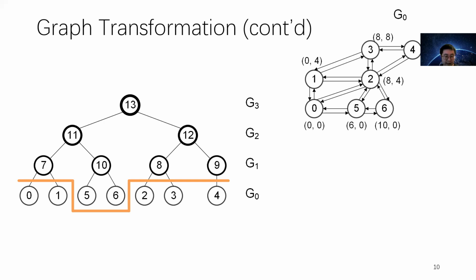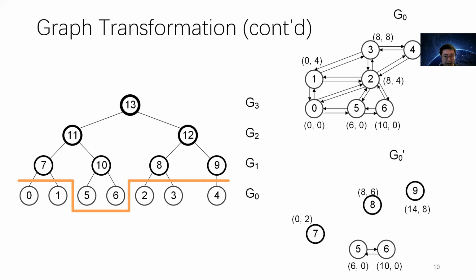Our policy is like that. Nodes being cut are replaced by their lowest remaining ancestor. For example, in the transformed graph G0 prime, nodes 0 and 1 are replaced by their parent 7. Nodes 2 and 3 are replaced by their parent node 8. And node 4 is replaced by its parent node 9.